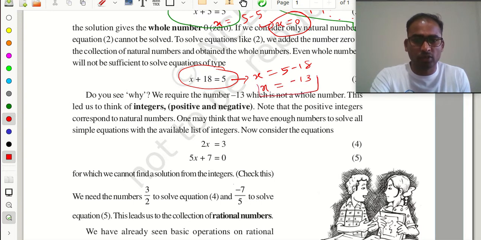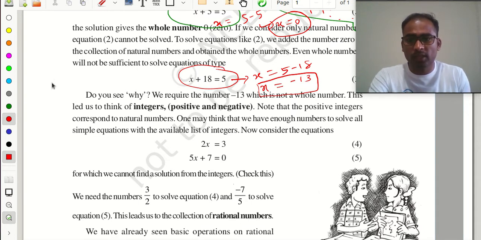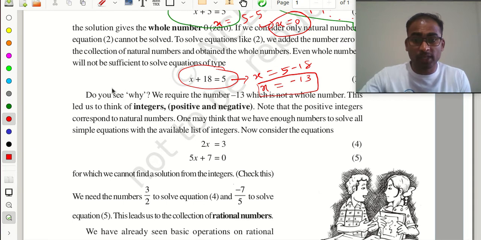So minus 13 comes under which set: natural number, whole number or integer? It won't come under natural numbers and whole numbers. It comes under integers only.